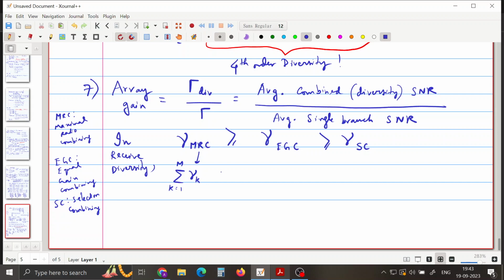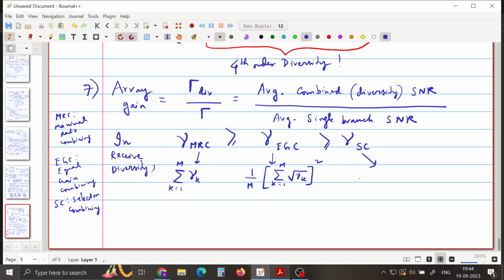Sum of all the gammas, gamma 1 plus gamma 2 so on till gamma M. And for equal gain combining, again it was shown in the lectures, it is of the form 1 by M times the summation, k running from 1 to M, of square root gamma k, the whole squared. And for selection combining, or selection diversity, what do we do?